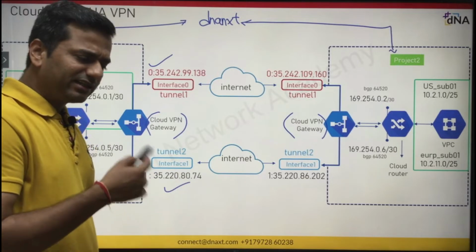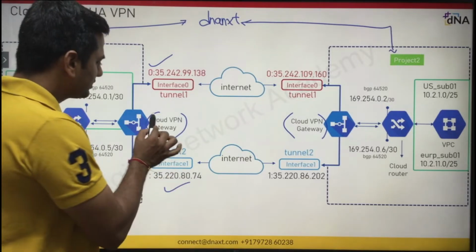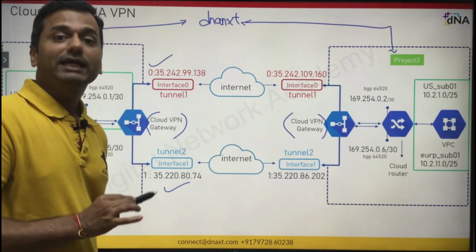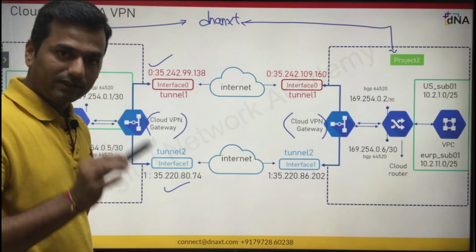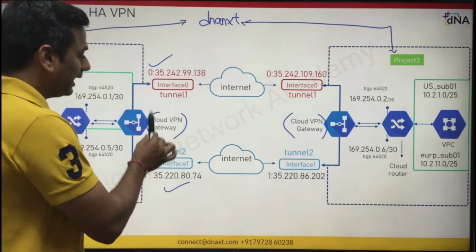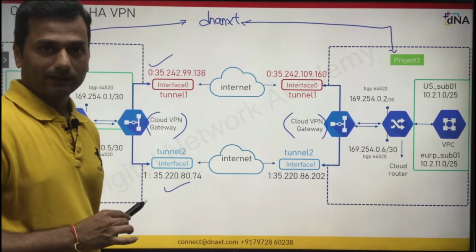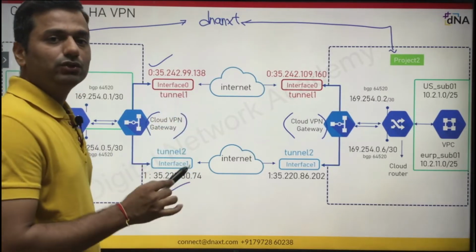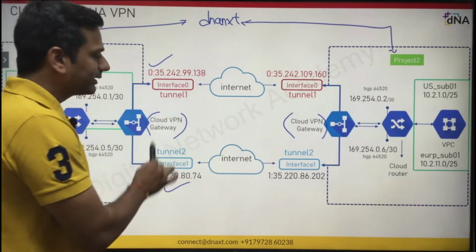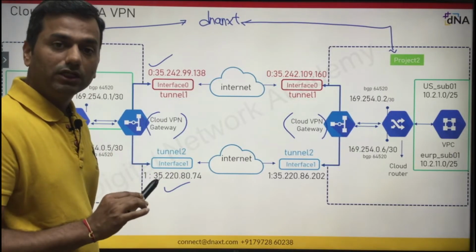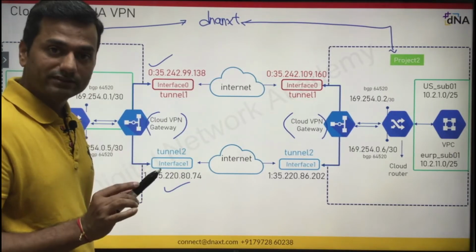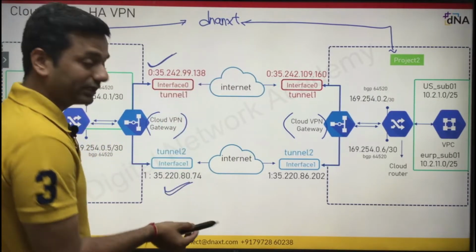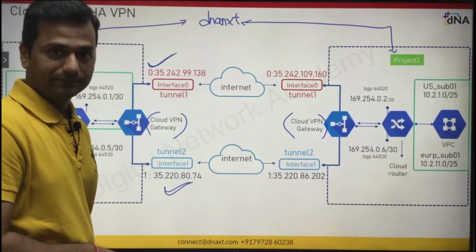Now let's recap a little bit. The Cloud VPN gateway is a regional resource, like VPC is global. As soon as you configure a Cloud VPN gateway in a particular region, you will get two interfaces, and each interface will get a unique public IP address from that particular region only.